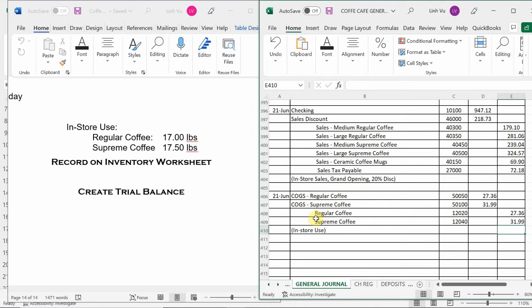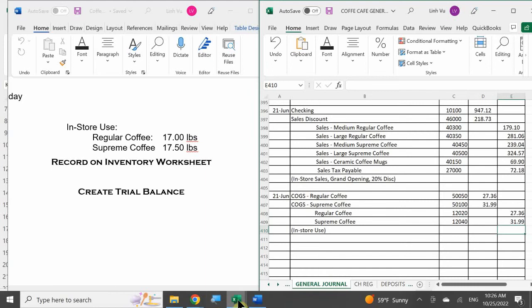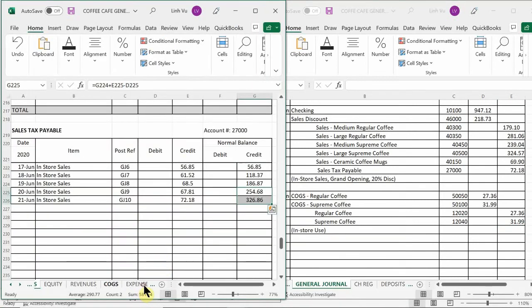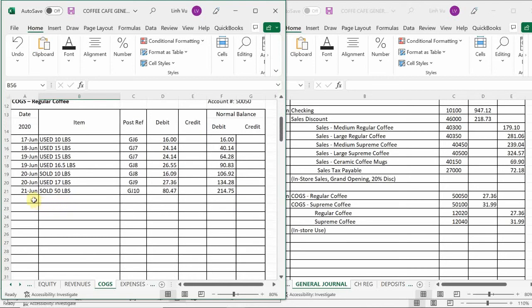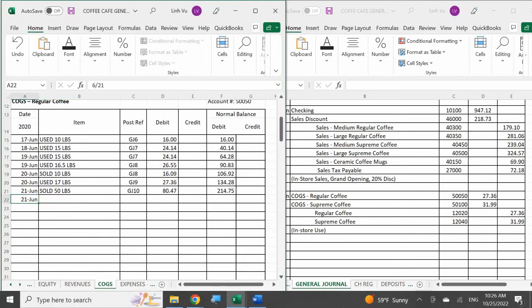We go to our accounts in the ledger, right? We need to update the cost of goods sold and our inventory. Right. So, cost of goods sold. What did we do for the regular? We used 17 pounds for $27.36.